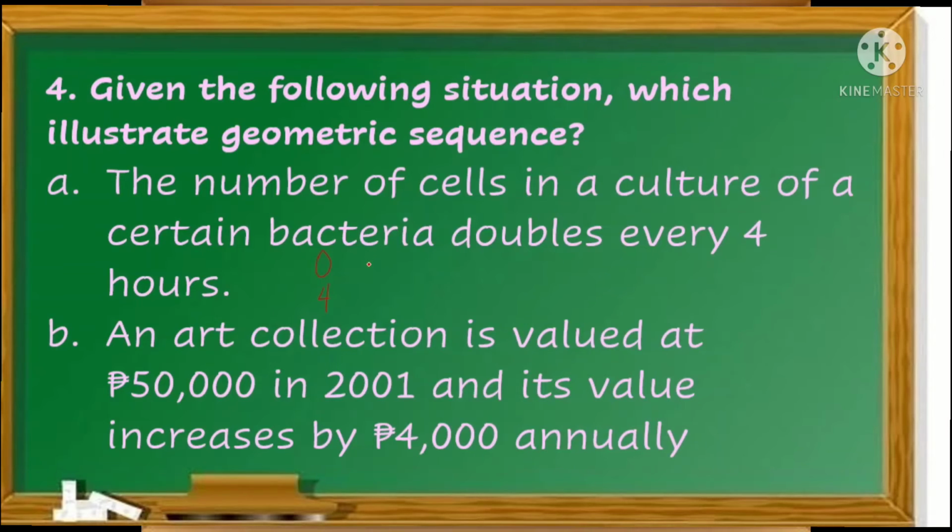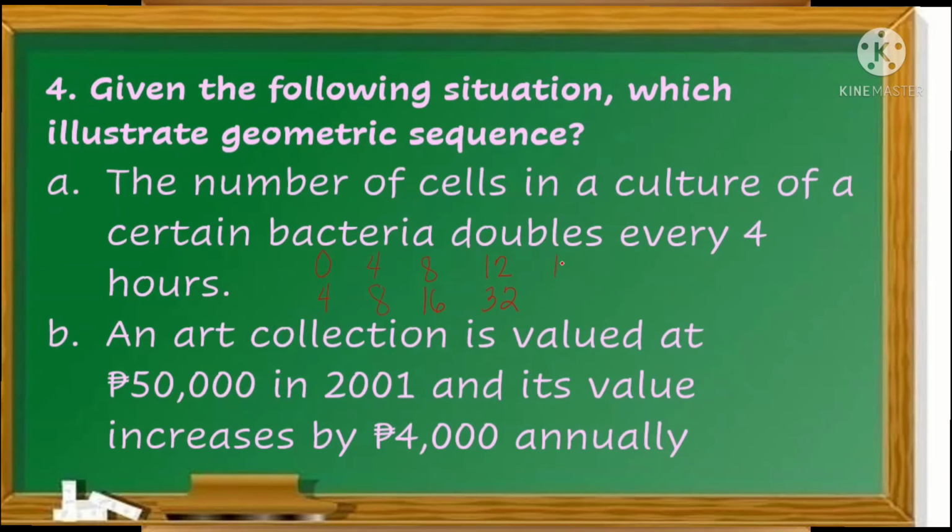And then, after 4 hours, the bacteria double. So it will become 4 times 2, which is 8. And then after 8 hours, it will become 8 times 2, 16. Then after 12 hours, it becomes 32.